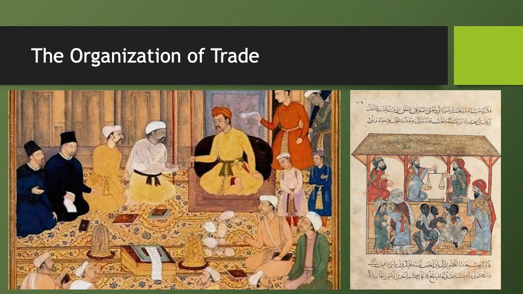All of these types of business enterprises are going to have more availability of money for trade, that means more availability of goods, more interaction, and all of this then means more production. People that are making these goods are going to have more jobs. So we're going to see this organization of trade be beneficial to the Islamic world and to the merchants from around Afro-Eurasia they are in touch with.